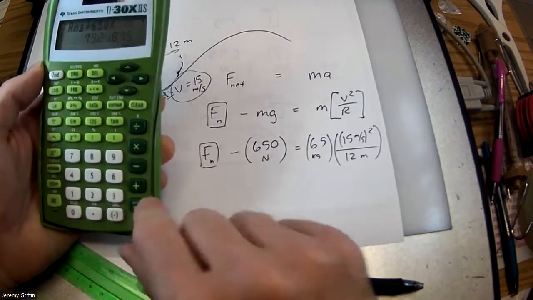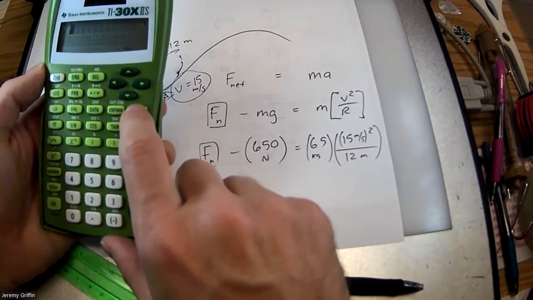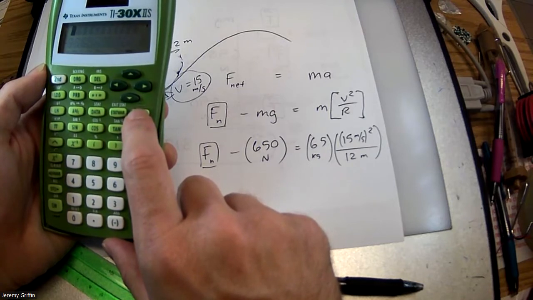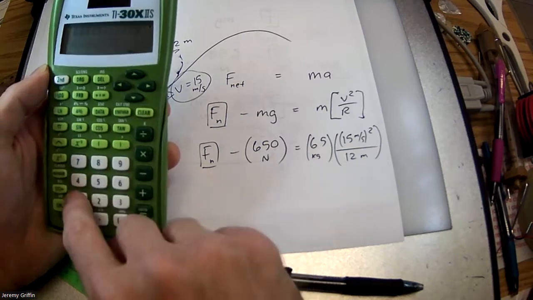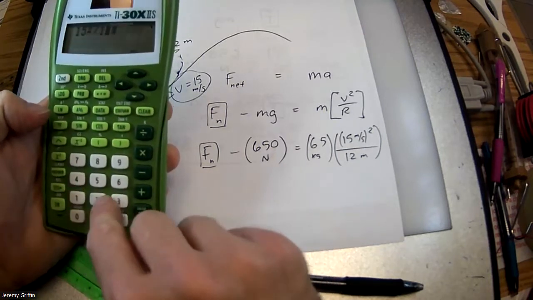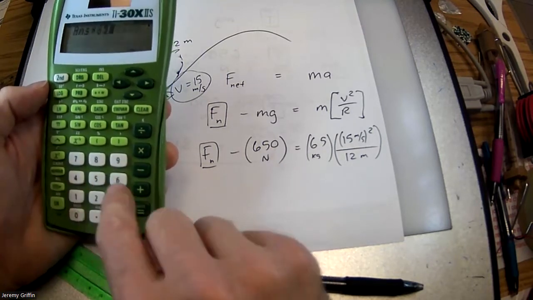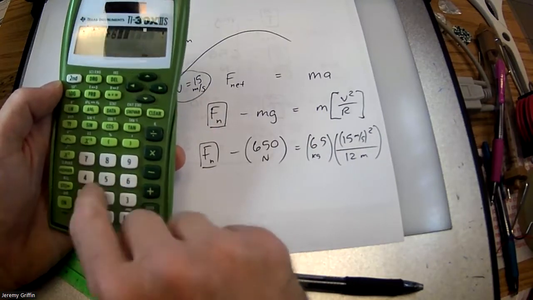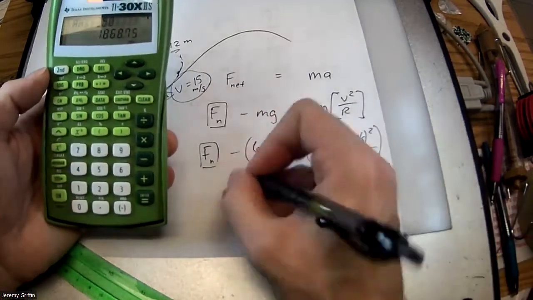Okay. Oh, hold on, there's something wrong here. V squared over R. 15 squared divided by R. 65. Okay. I typed something wrong earlier. Right? Plus 60. Yeah, that looks a lot better. Okay.